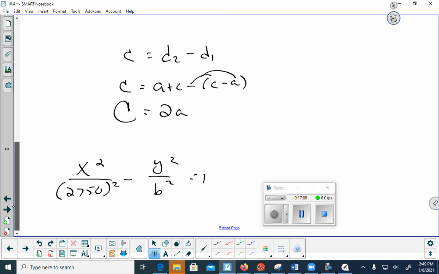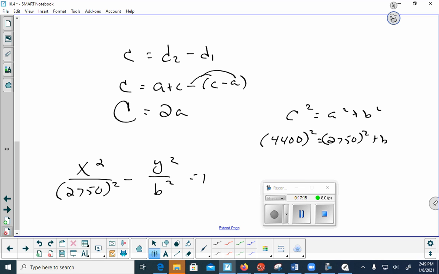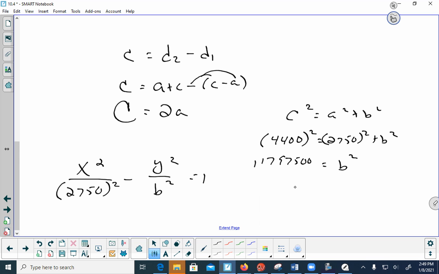So to find b squared, c squared is equal to a squared plus b squared. So 4,400 squared is equal to 2750 squared plus b squared. I'm just going to leave b squared as it is and not bother taking the square root. I get b squared to equal 11797,500.